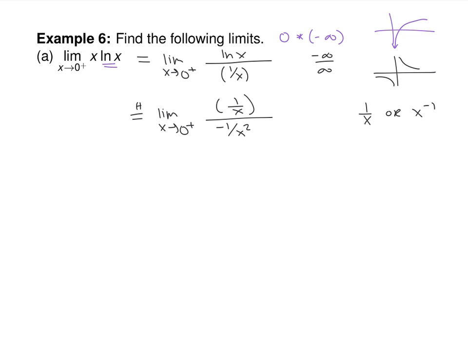Okay. And then simplify before you go crazy and do the rule again. Equals limit as x goes to 0, 1 over x times x squared over negative 1. So I think that's just negative x. Do you guys agree?